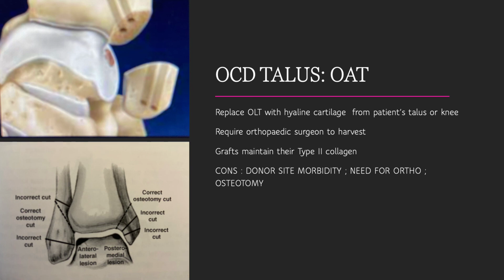You don't want to leave these grafts proud, but you also don't want to leave them undersized. So the cons are donor site morbidity, potentially the need for ortho if you're a pod, and because these lesions need to be placed perpendicular to the surface of the talus, more often than not, if not always, you're going to need to perform an osteotomy.